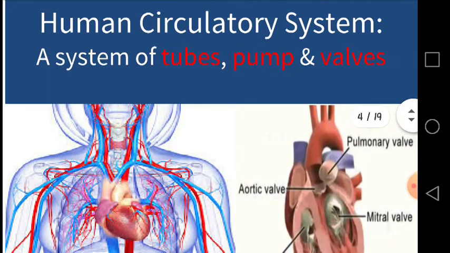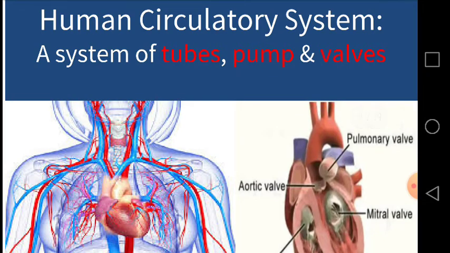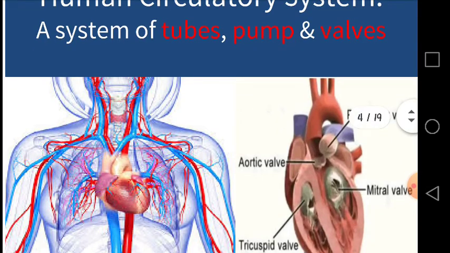So these are our objectives for today's session. We are going to review the human circulatory system, a system of tubes and pumps with walls. As you know, the tubes means the vessels. Dear students, there are three main types of blood vessels. First, the arteries, which carry the blood away from the heart to all other parts of the body. Second, the veins.